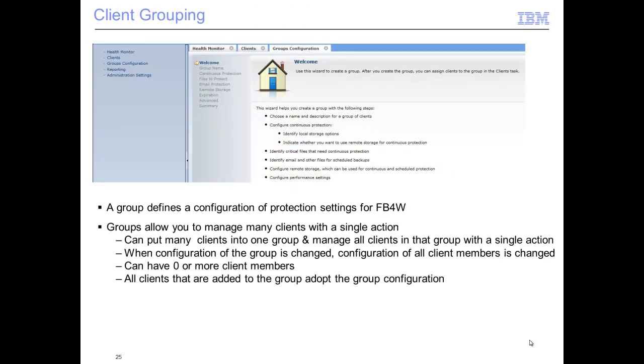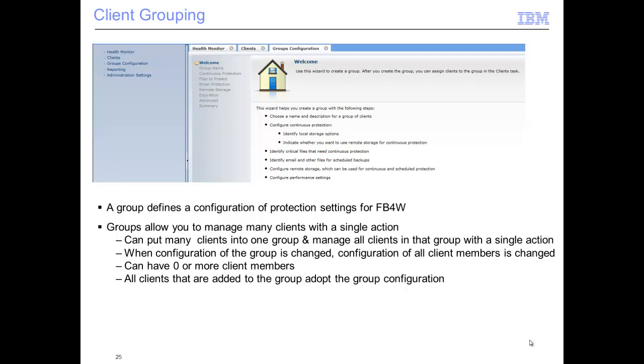Group configuration allows you to put various clients into a specific group, and then this group can be assigned specific settings for how they should be protected with FastBack for Workstation. So once you've assigned multiple clients to a group, you can then manage them with one single action. So when the configuration for a group is changed, all of the members in that group will receive the changes to that configuration.